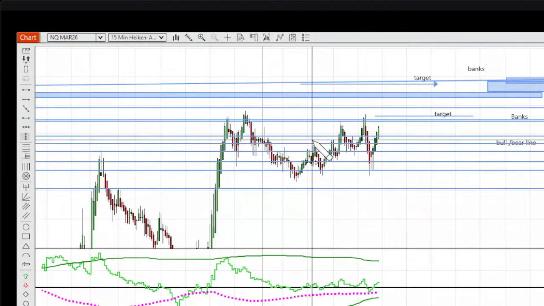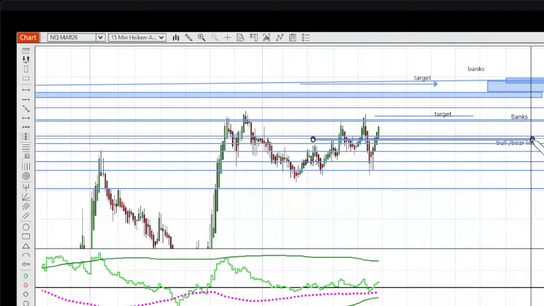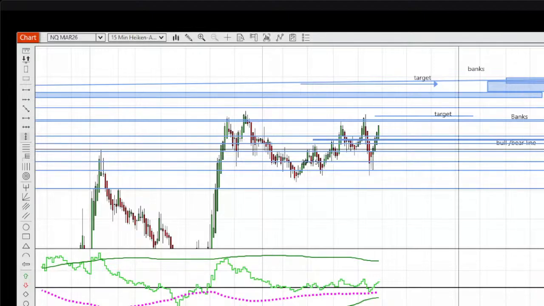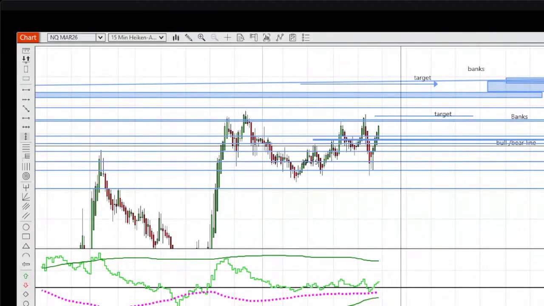If I can get to stay on 67, would be nice. 67 right here, guys. This little 67 area. See about the 67, 68. Right in there. Okay, finally.